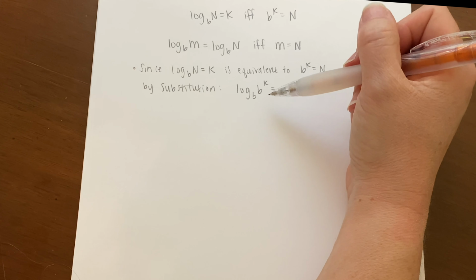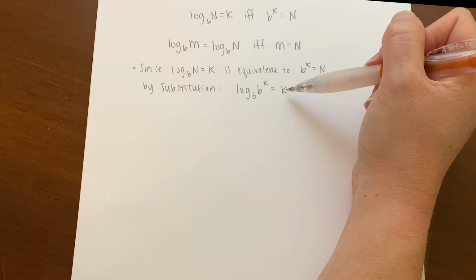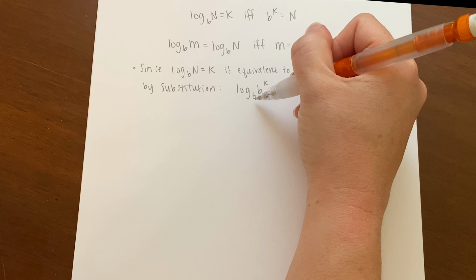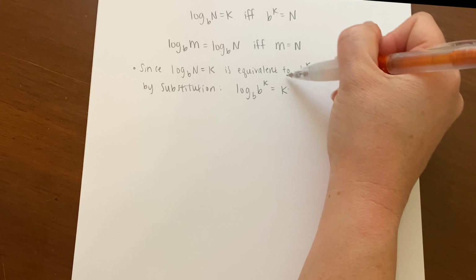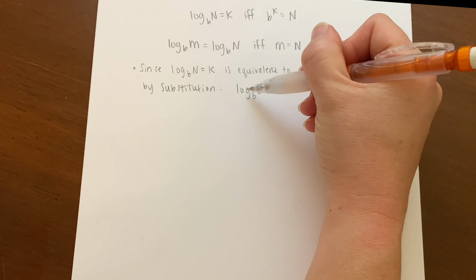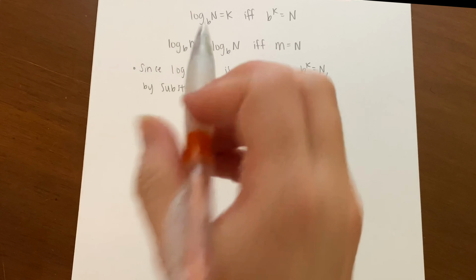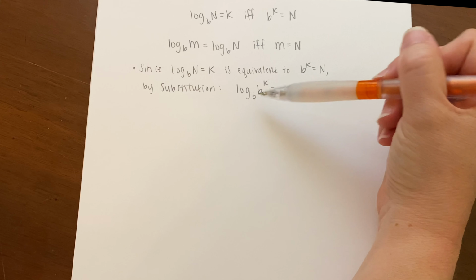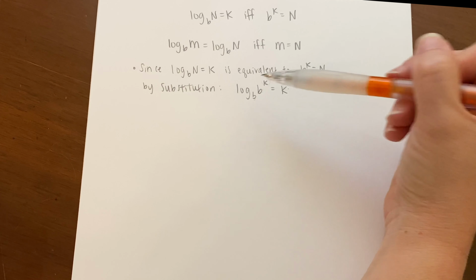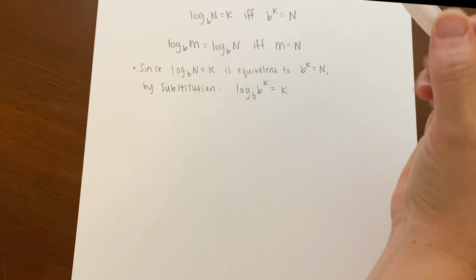If we wrote this logarithmically, b to the k equals b to the k. If you rewrote this in exponential form, base b, the base stays the base, the others switch places, you would have b to the k equals b to the k, which is a true statement. You're just saying something equals itself. So log base b of b to the k power equals k. The reason that's handy is because later down the road, if we have a problem that was log base 2 of 2 to the third, the answer would just be 3. Because log base 2 of 2 kind of cancels out and just that 3 is left over.